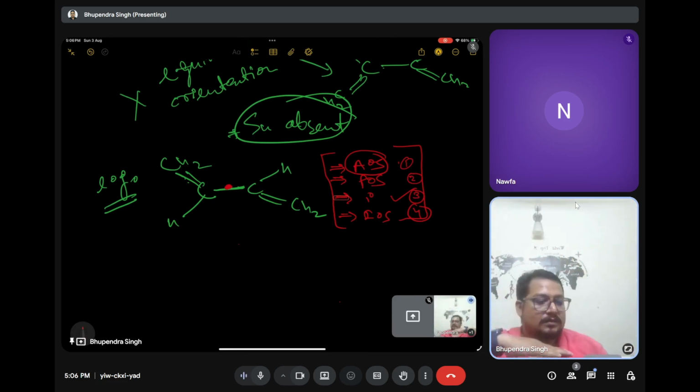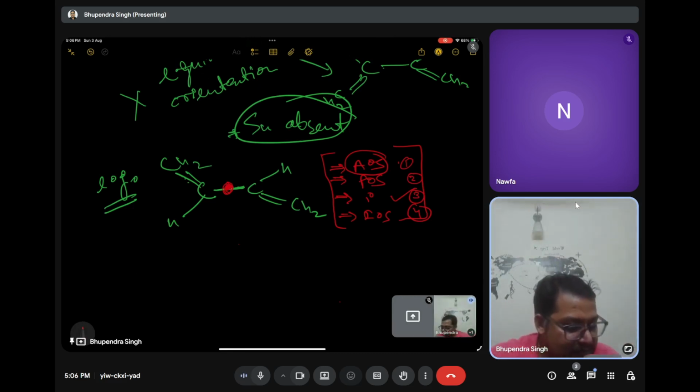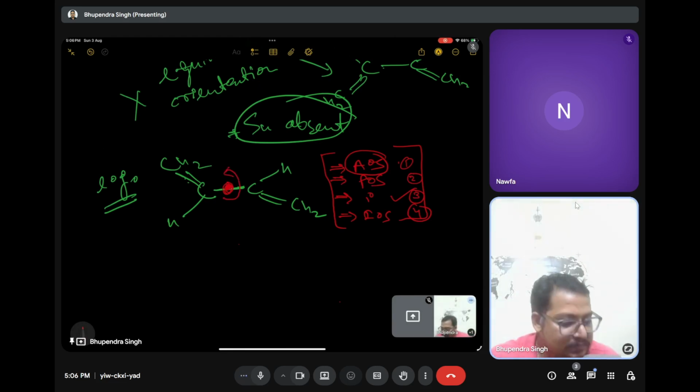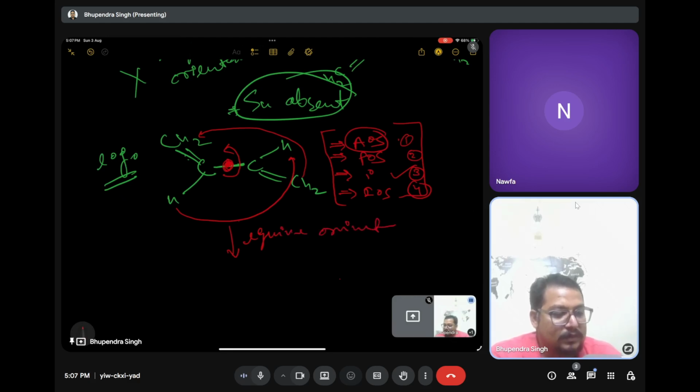I am rotating it like this, anti-clockwise. What will happen? This will go that side, and this will go that side. So you will get the equivalent orientation of the molecule.